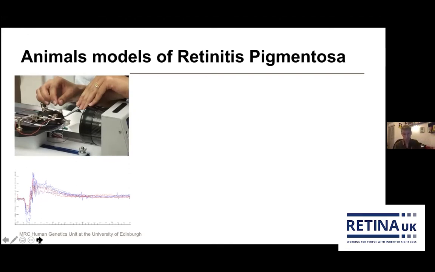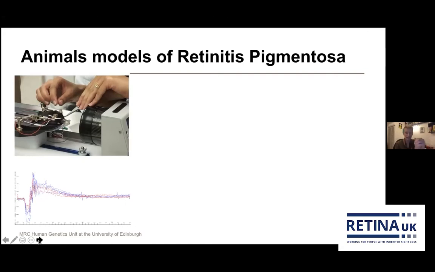A lot of you will no doubt have had this done. You have electrodes attached to your eyes. You are sat in the dark for 30 to 40 minutes, and then, very uncomfortably, lots of flashes of light are flashed at you. And that allows us to assess the electrical function of the retina, and we see very characteristic patterns of changes in your electrical function with RP.